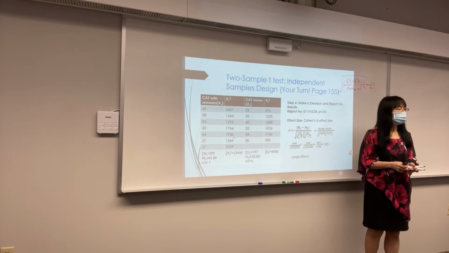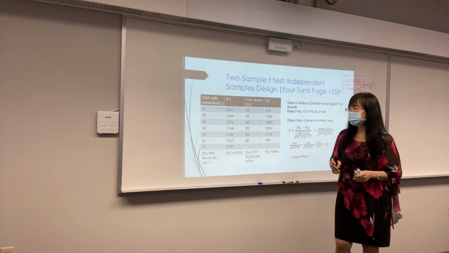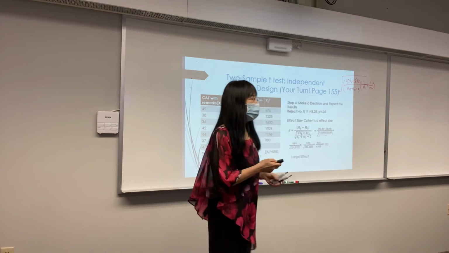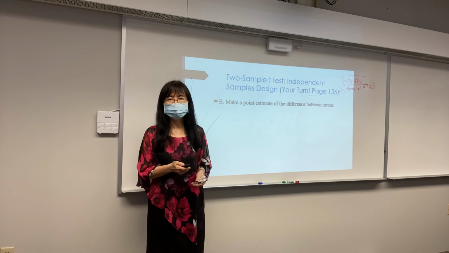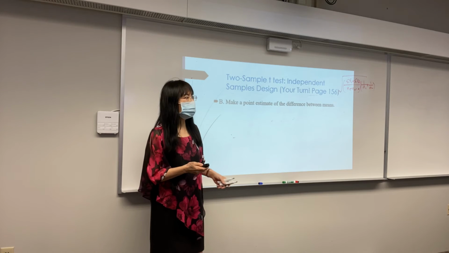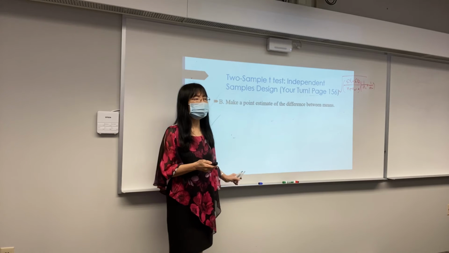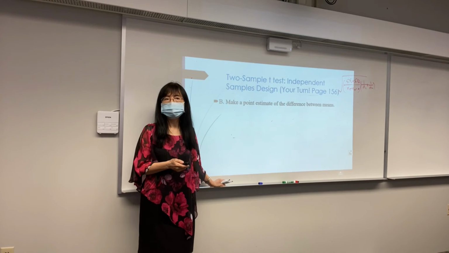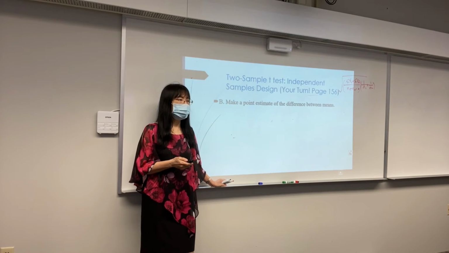Okay, so this is pretty much the previous stuff, so should be no stranger there. Now let's go to our point estimate. So what's your point estimate? How do you get your point estimate for independent t? Your M1 subtract M2. Remember that formula there?